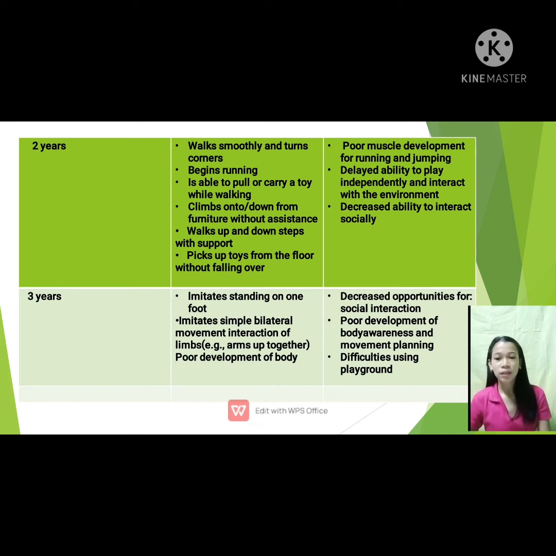If the milestones cannot be achieved, there is poor muscle development for running and jumping, and delayed ability to play independently and interact with the environment because of the decrease of ability they have.